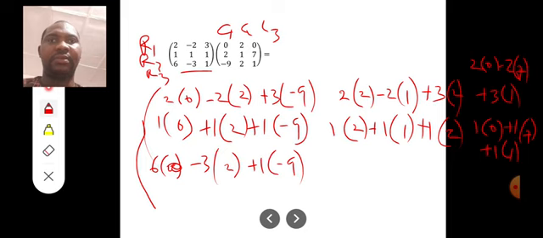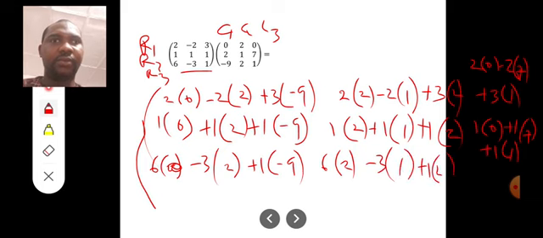That same row 3 with the second column will give us 6 into 2, minus 3 into 1, plus 1 into 2. Then row 3 column 3 will give us 6 into 0, minus 3 into 7, then plus 1 into 1.